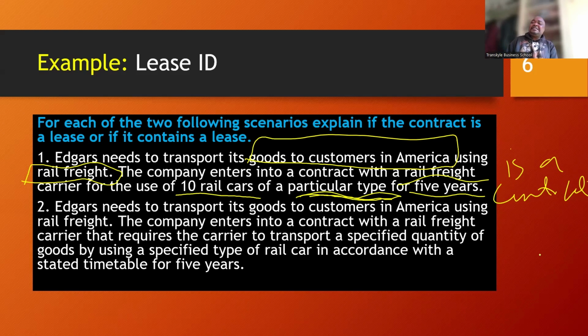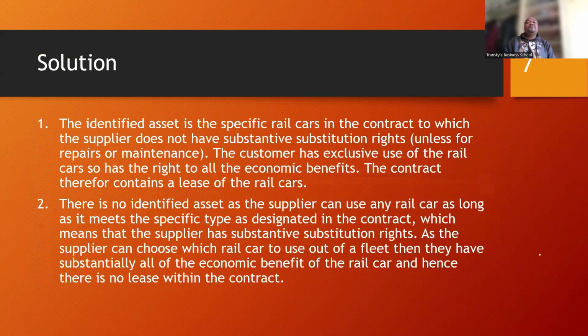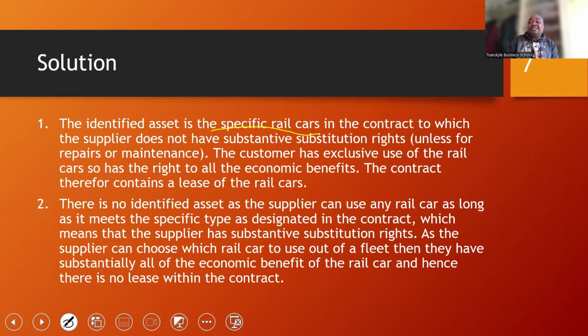All right, so is this a lease? Let's look at the detailed solutions. Number 1, the identified asset is the specific rail cars in the contract, to which the supplier does not have substantive substitution rights unless for repairs or maintenance.